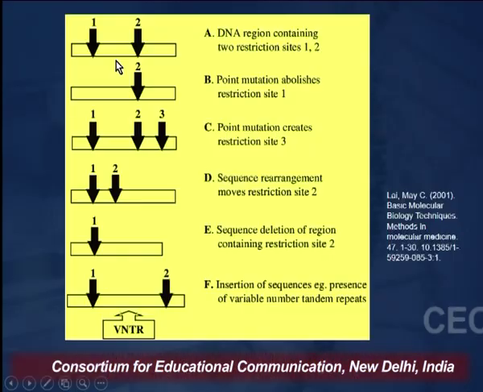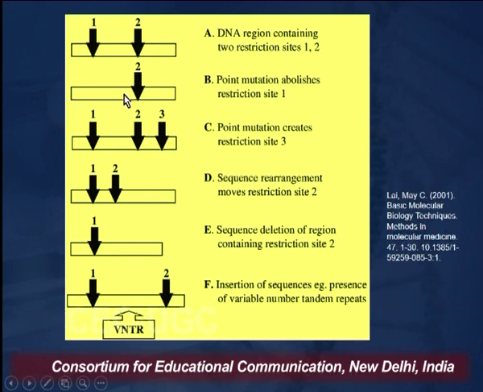So, this picture shows what I am talking about. You can see that there are two restriction enzyme sites, and because of certain variations one of the sites could have been removed, or because of some mutations or changes, another site has been created.